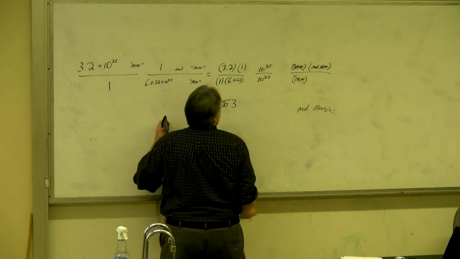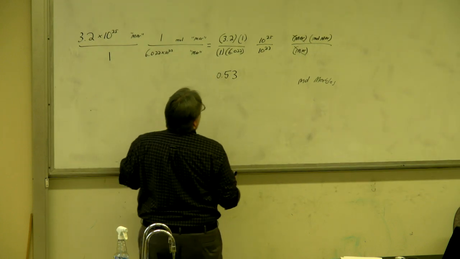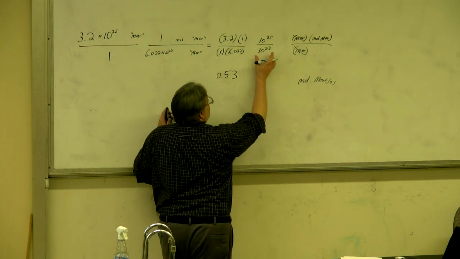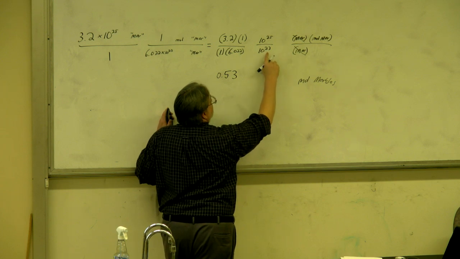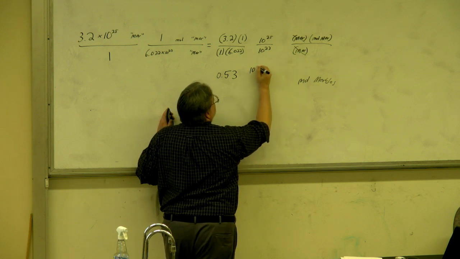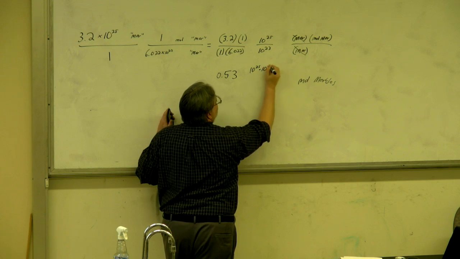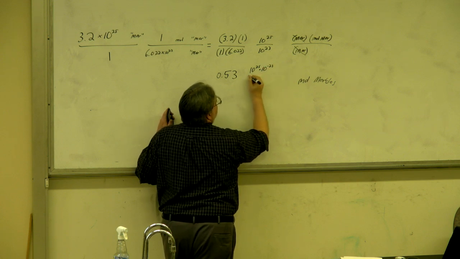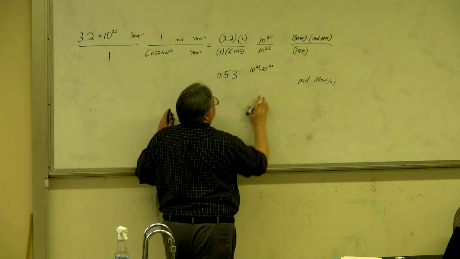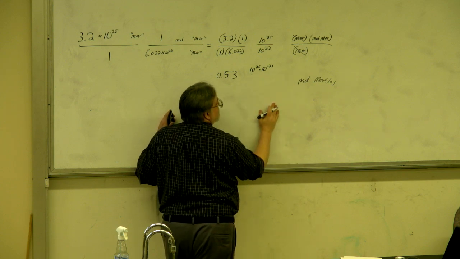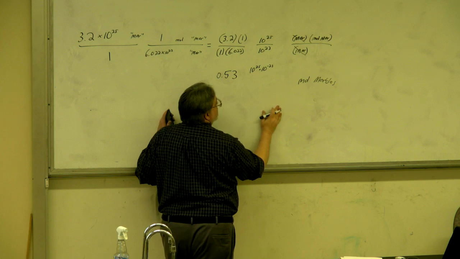And dealing with powers of 10, you just take what's on the bottom, move it up to the top, and change the sign. So I have 10 to the 25 times 10 to the negative 23. I could say over 1, but once you put it all on top, you can just do it like that.